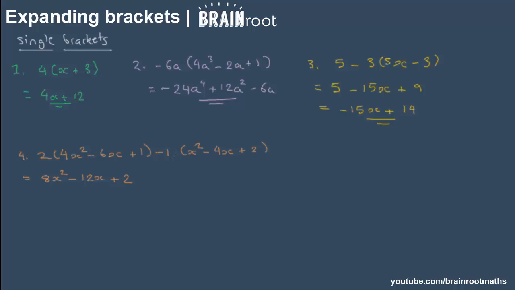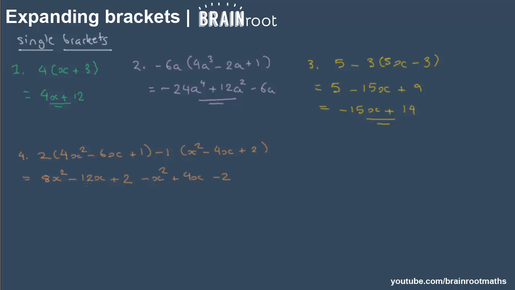So if you times minus 1 by each single term, we're basically reversing their signs. So x squared becomes minus x squared, minus 4x becomes positive 4x, and plus 2 becomes minus 2. That's because minus 1 times plus 2 is minus 2, minus 1 times minus 4x gives us plus 4x, and minus 1 times x squared gives minus x squared.